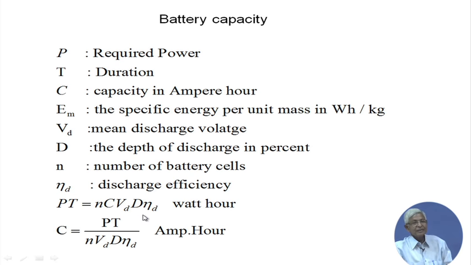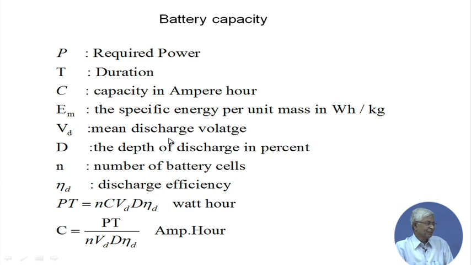Now, let us go into the secondary power consideration, that is required battery power. Let us assume it is P, and the duration during which this required power has to be maintained by the battery is T, and the capacity of the battery in ampere hour is capital C. Specific energy, that is per unit mass, is watt hour per kg, that is EM.